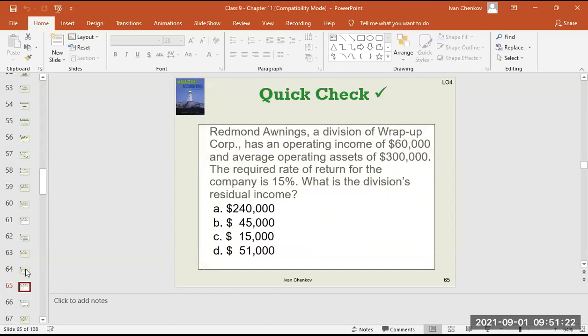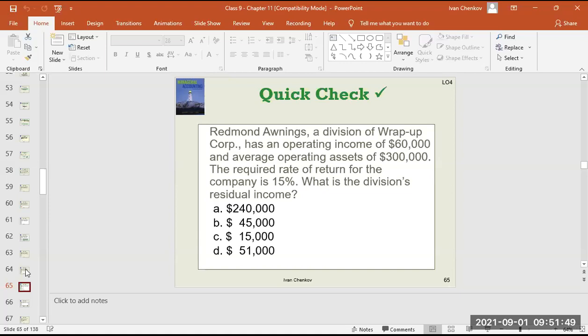So a division has an operating income of 60,000 and average operating assets of 300,000. That means the division right now is making 20%, correct? Now the required rate of return is 15%. What's the division's residual income? 5%.